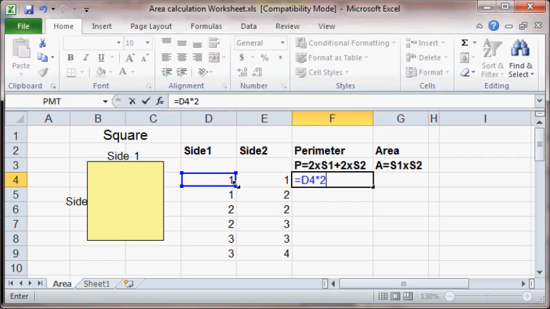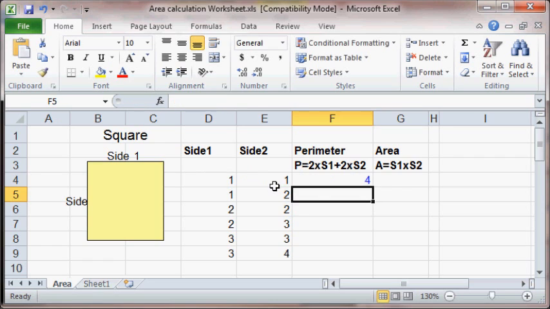So I'll use the operator to multiply, then the operator to add this side times 2. That looks like my perimeter. And if I consider a square that has sides each equaling 1, then the perimeter should be 4.